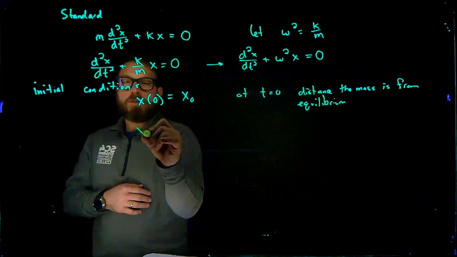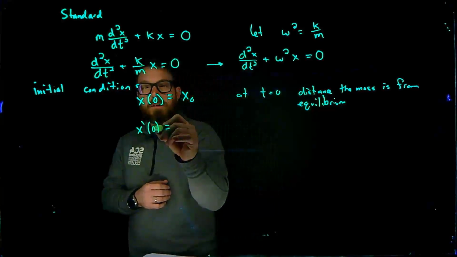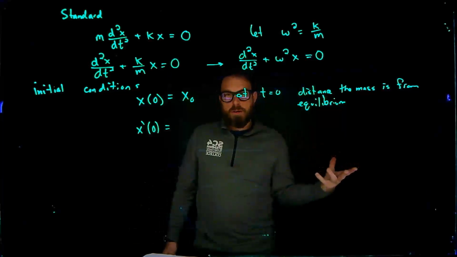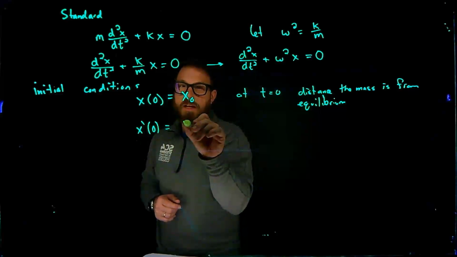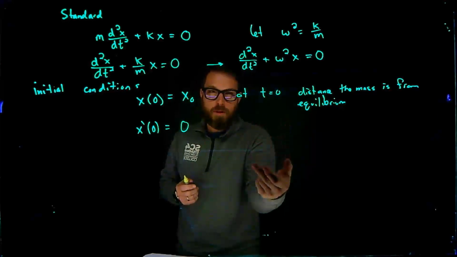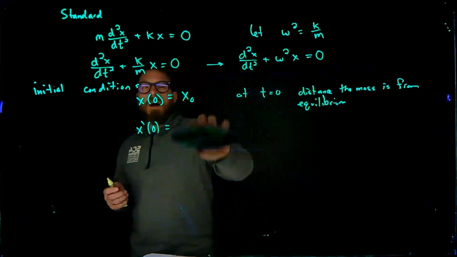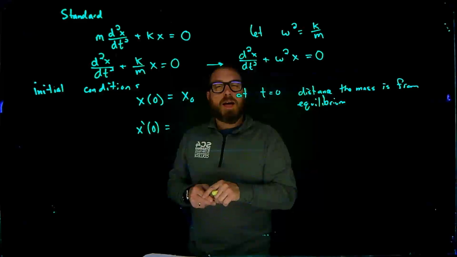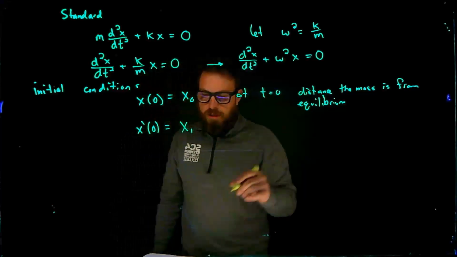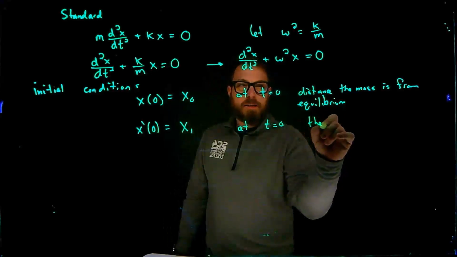Also, sometimes we can apply an initial velocity to this mass. If I pull the mass down and just let it go, the initial velocity would be equal to 0. But what happens if I pull it down and then throw it back up, give it a little bit of help? In that case, I can induce some velocity going back, some number, say x1, at t equal to 0. This would be the velocity of the mass.